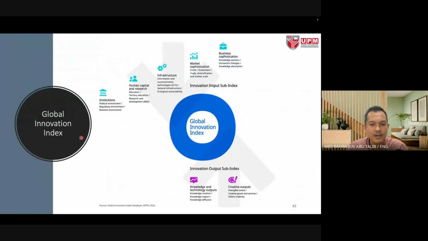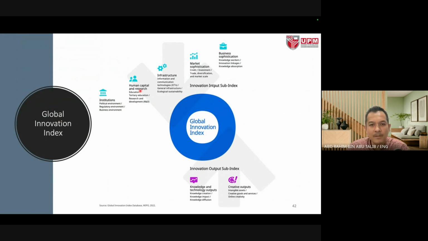So before we end our session, the Global Innovation Index itself looks into institutions, the political environment, regulatory environment, and business environment that are provided by the government. So that's why I said the government role is quite huge in order to get the Global Innovation Index increased.